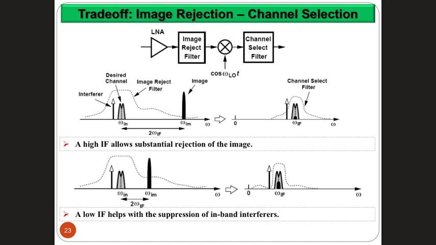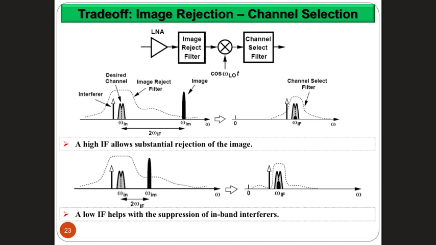The opposite to that, if you decide to work with lower values of IF, now this means that the distance between your signal and the image is going to be smaller, and typically the filter is not going to attenuate this image too much, so you'll have an image interference, but your intermediate frequency is low. You can design a channel selection filter which is very selective, right, without going into extreme values for your quality factor. So it's a trade-off.